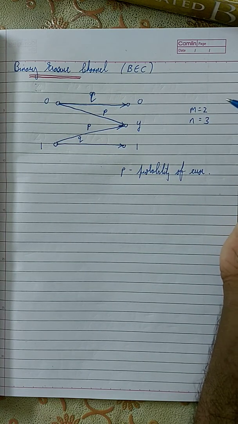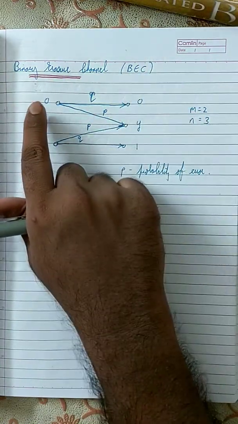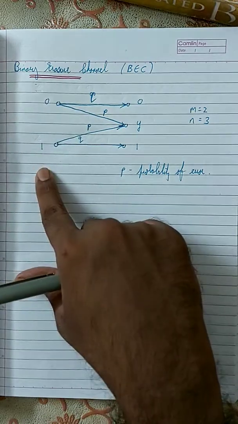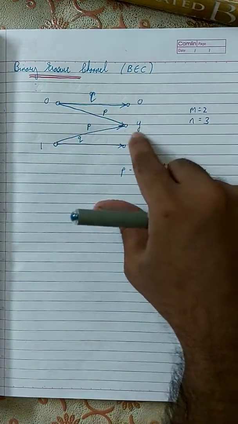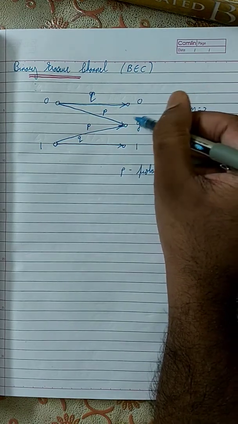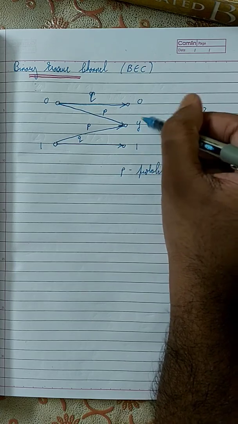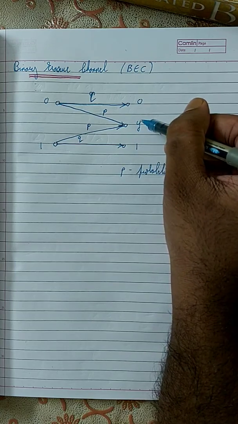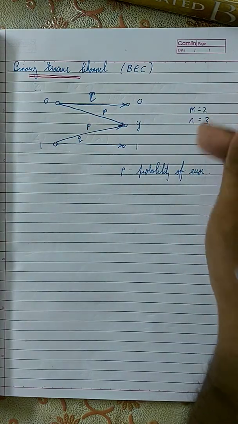If there is something wrong in the transmission, the receiver will receive this signal, and that decision will be rejected or erased.